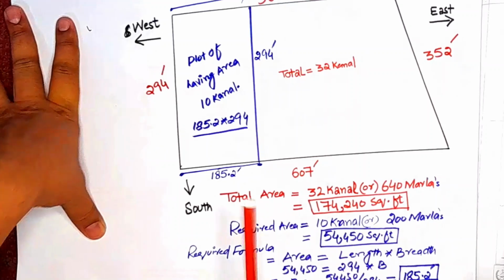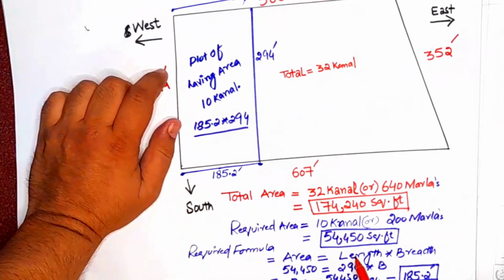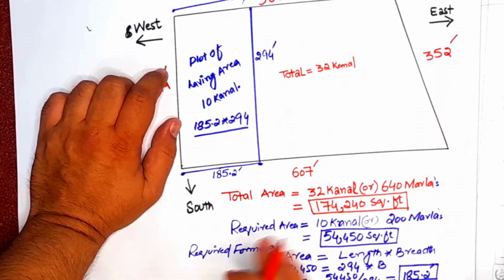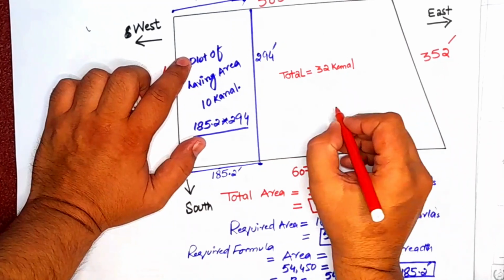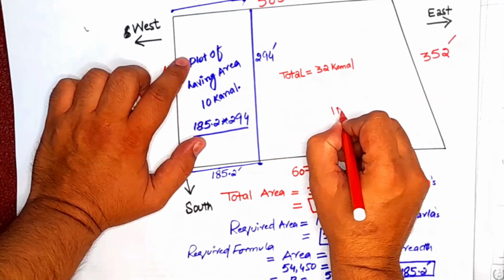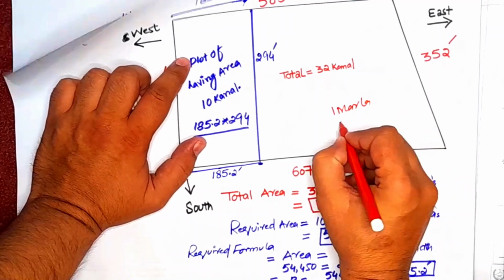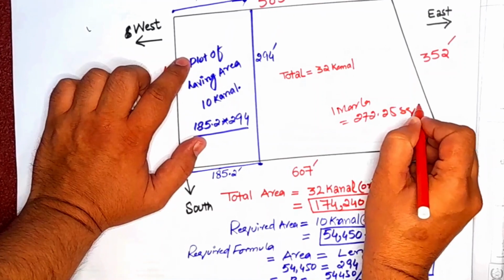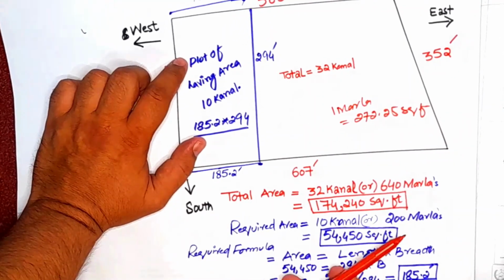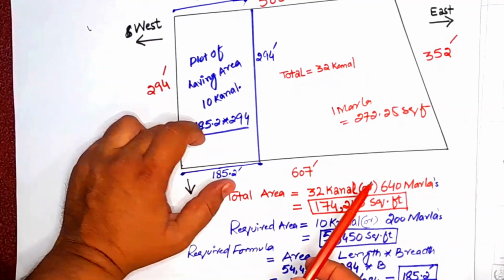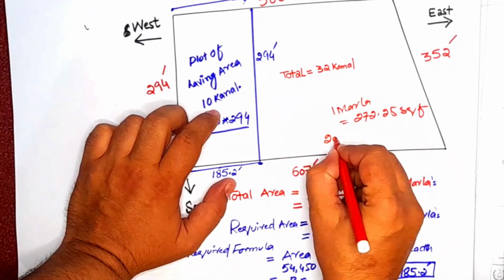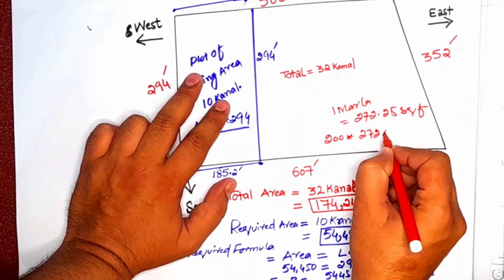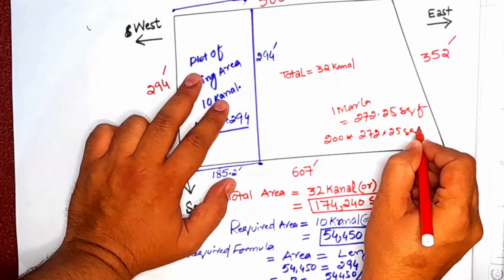As I told you a few seconds before, one marla is equal to 272.25 square feet, so we will multiply 200 by 272.25 square feet.